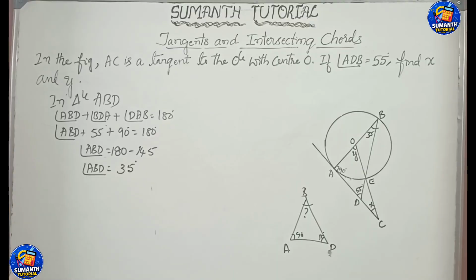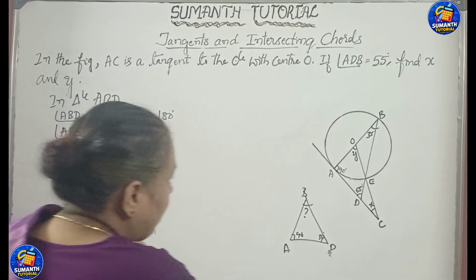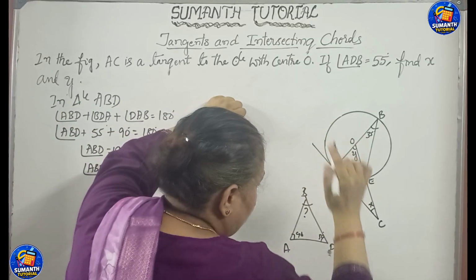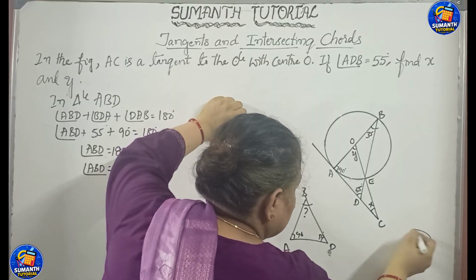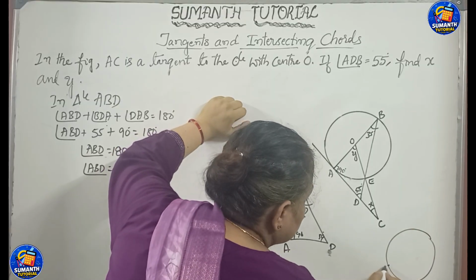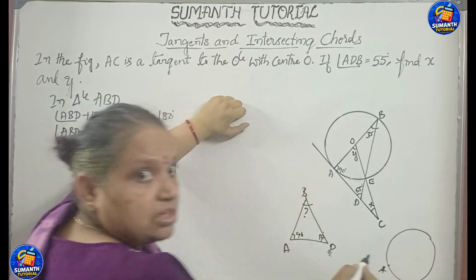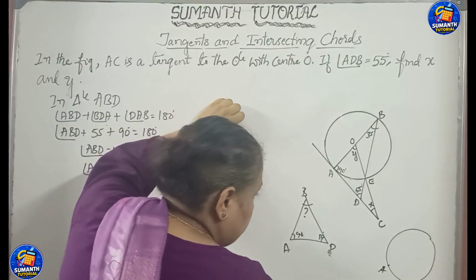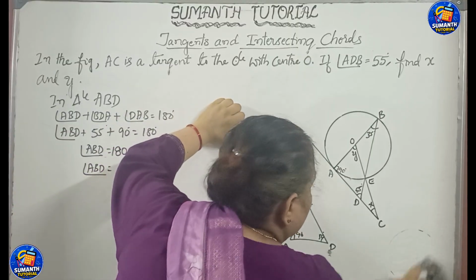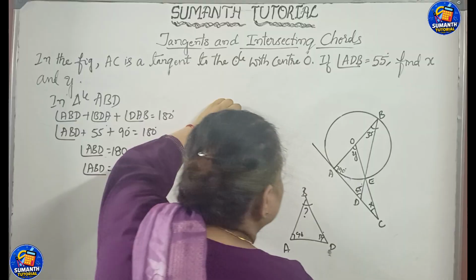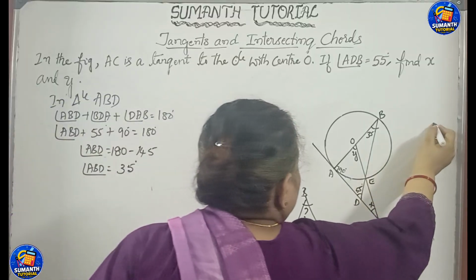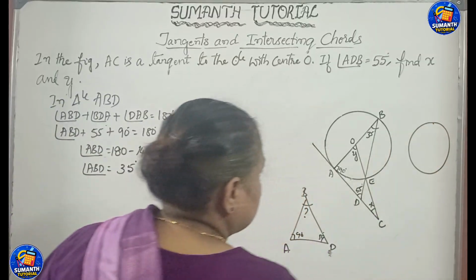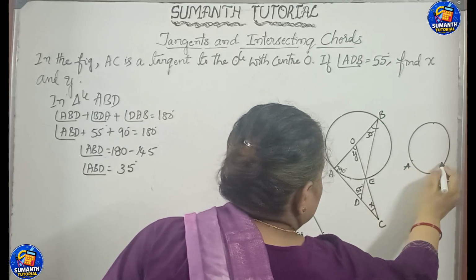So now next, what to do to find the value of y here? To find the value of y, look here children, this circle is given, this is the point A and this is the, look here, I will draw here now at the upper side. So here, as you see this same diagram, A is a point, E is a point.